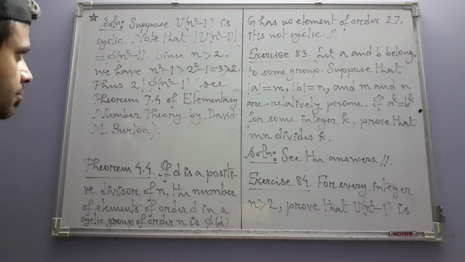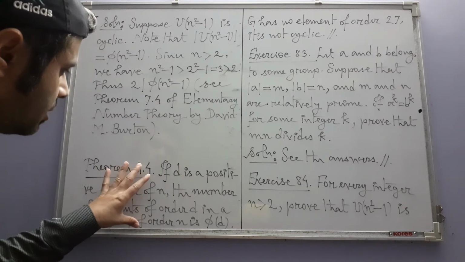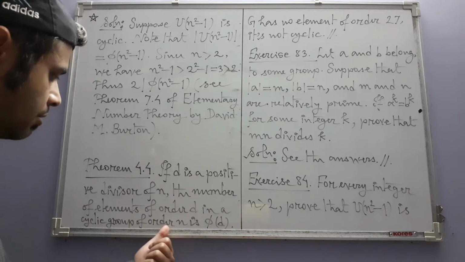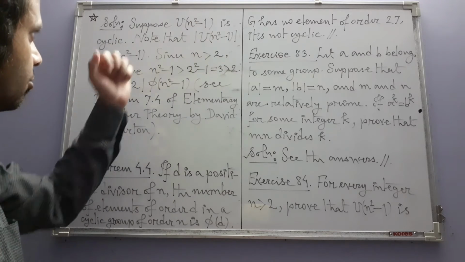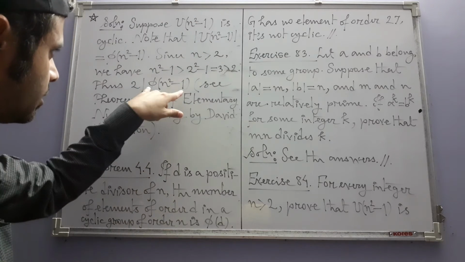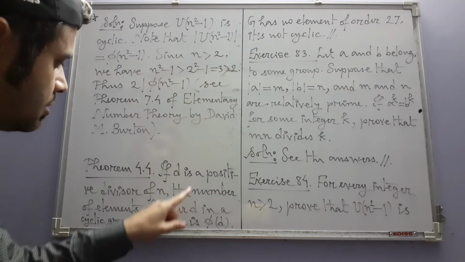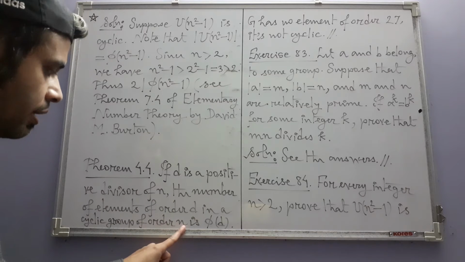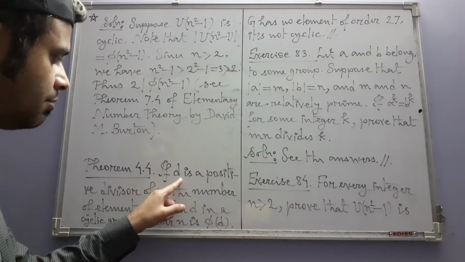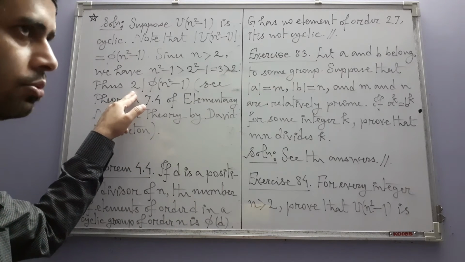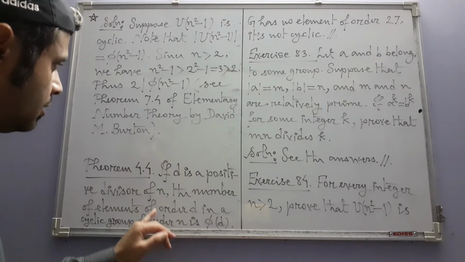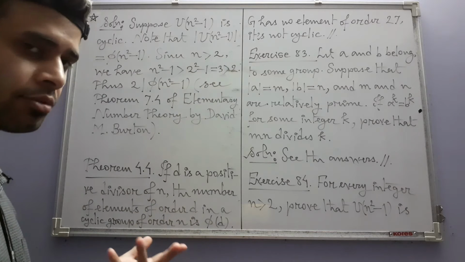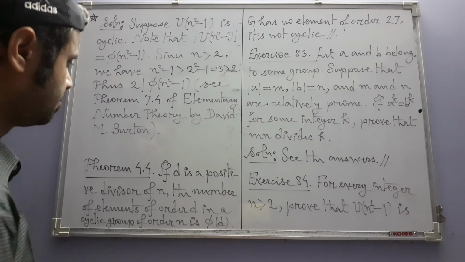Okay, so now we are in a position to use this theorem. How? We have supposed that this group is a cyclic group and its order is this phi number, which can be considered here in place of n, a cyclic group of order n. And here we have a positive divisor d of n, that d here is 2. So according to this theorem, the number of elements of order 2 in this group should be phi of 2, which equals 1.